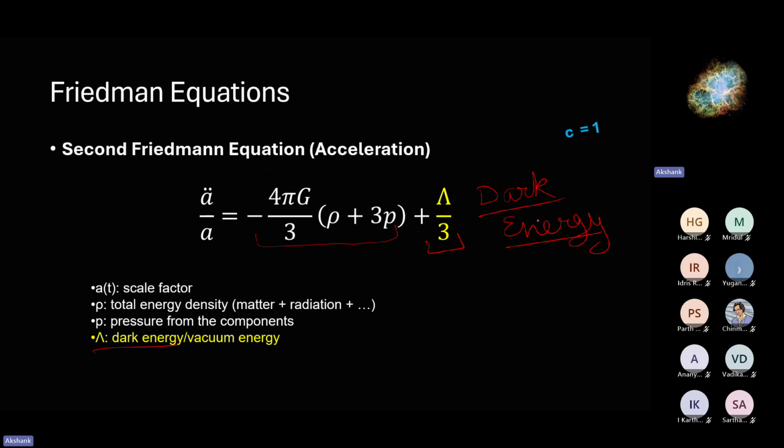And that positive term is what we call dark energy. Now, what actually is causing this dark energy, we don't know, but we'll discuss it a little later. The rest of the terms we already discussed. The only new term is this lambda.